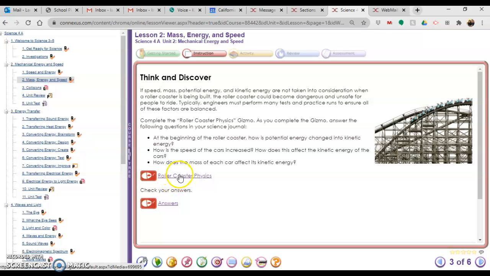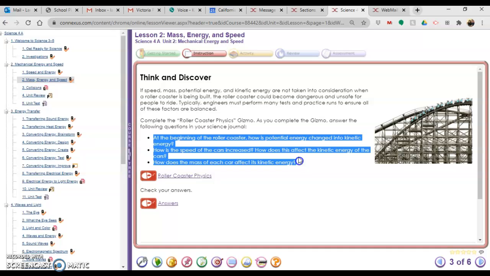You can see the link right here. And it's asking you to have the students answer the questions in your science journal, but the lessons don't clarify that the questions that we want students discussing or answering are right here. We just want these questions for students to be comfortable with.